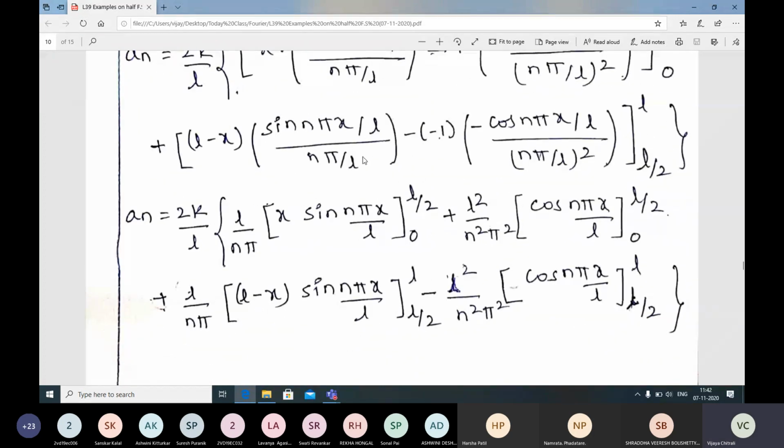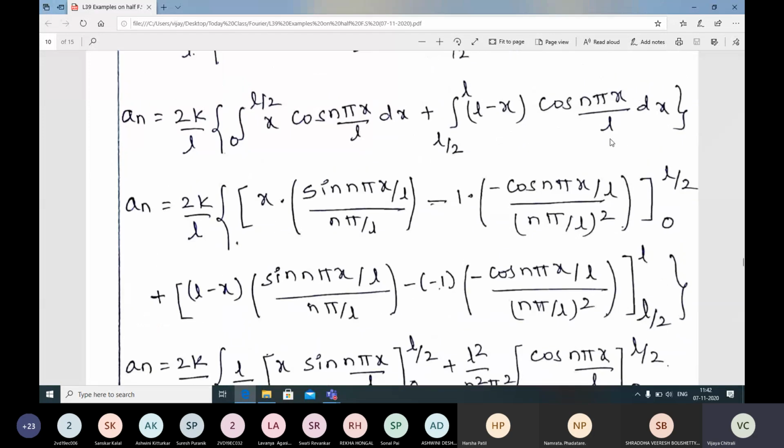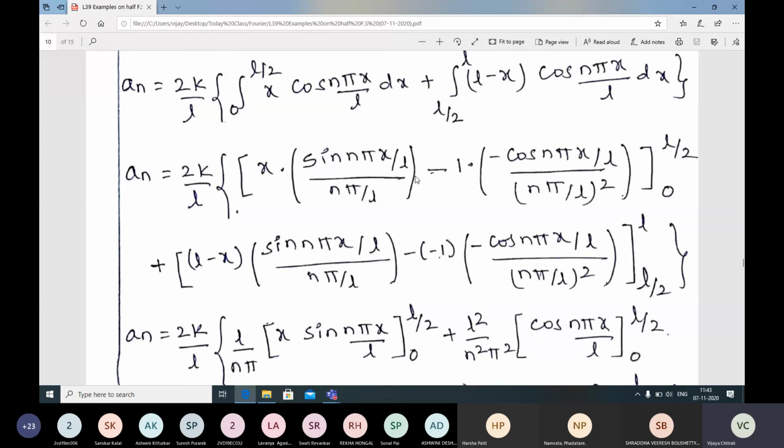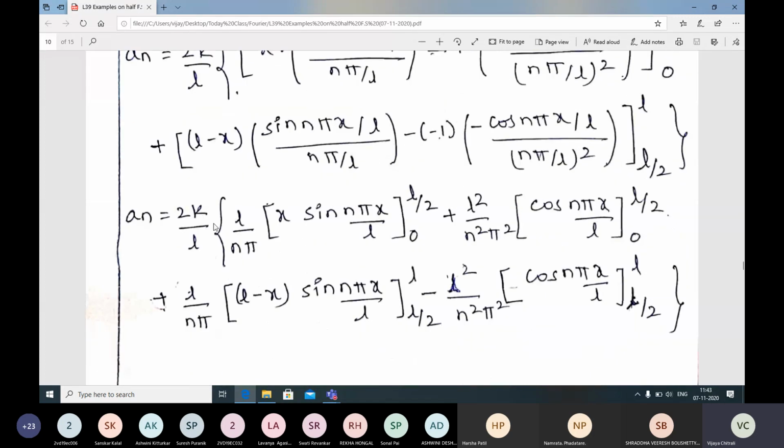Now for this second term, apply Bernoulli's rule, integration by parts. U is L minus x. So u is L minus x and integration of cos n pi x divided by L is sin n pi x by L divided by n pi by L, and differentiation of this with respect to x is, L is constant 0, minus x with respect to x is minus 1.